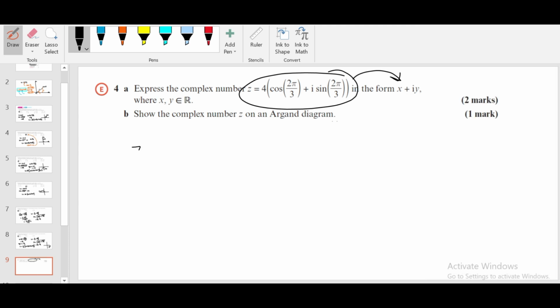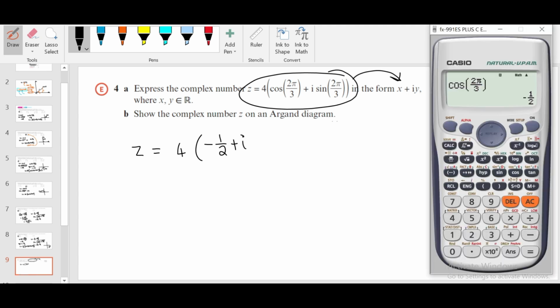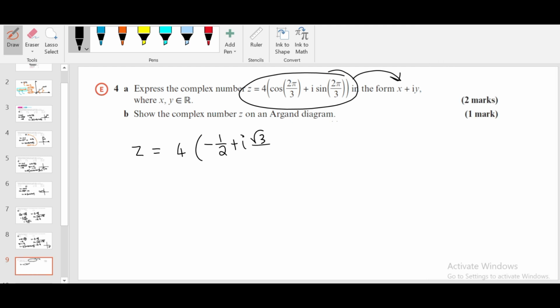So you can write z is equal to 4 times minus 1/2 plus i sin 2 pi/3, which is root 3/2. Multiply through by 4. You'll get minus 2 plus i 2 root 3. It's an easy 2 mark question.